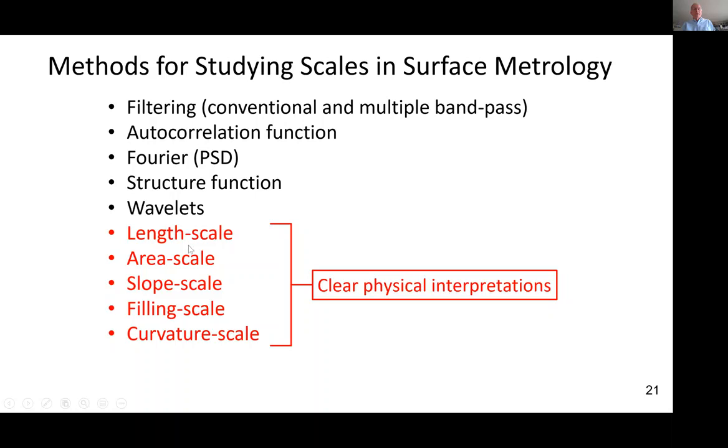Area scale takes that up another dimension and plays on the idea that Vermont would be as big as Texas if you flattened it out, which turns out not to be true. Slope scale is similar. At a large scale, most of our surfaces have little slope to them, or none. But as we look at very fine scales, we notice that the local slopes are much steeper. Filling scale asks how much stuff you can fit into the roughness on a surface. And then curvature scale, and we'll look at that in more detail in a moment.